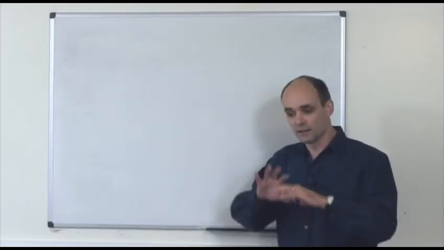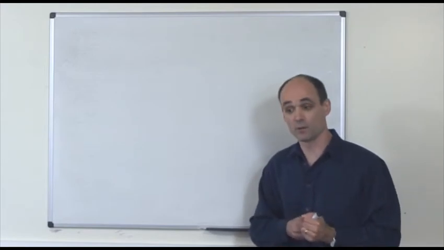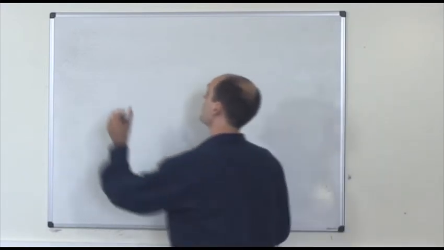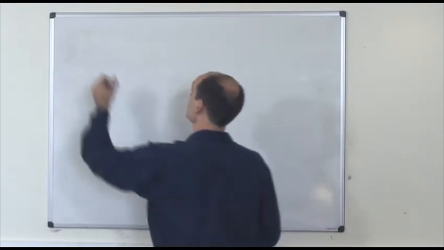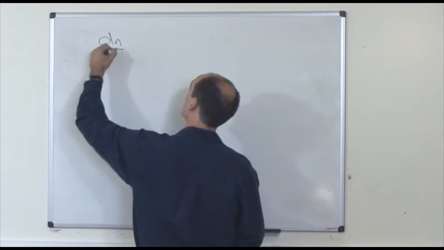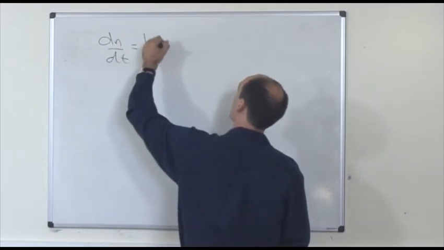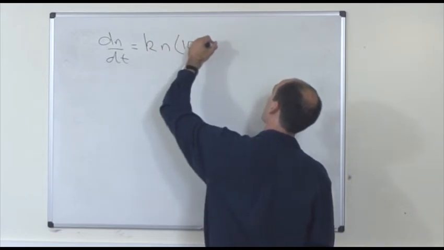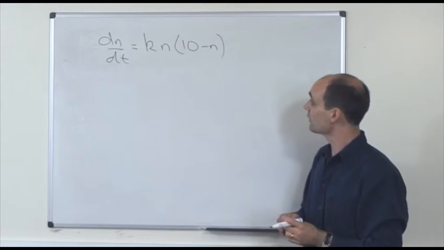And so finally, let me just give you a quick tip on how to solve another differential equation that we wrote down. So for the population dynamics of the bacteria on a petri dish, we had dn by dt is equal to some constant times n into 10 minus n. So again, this is a separable first order differential equation.